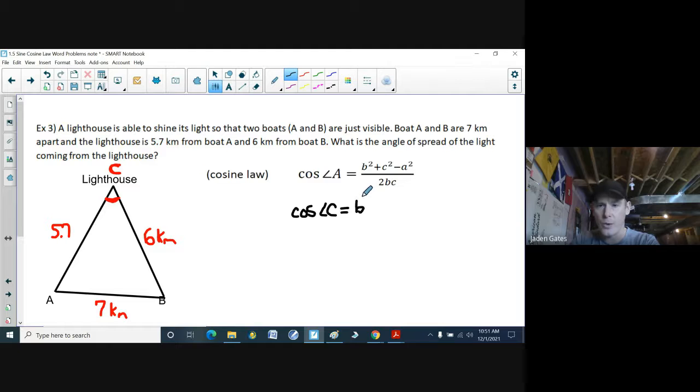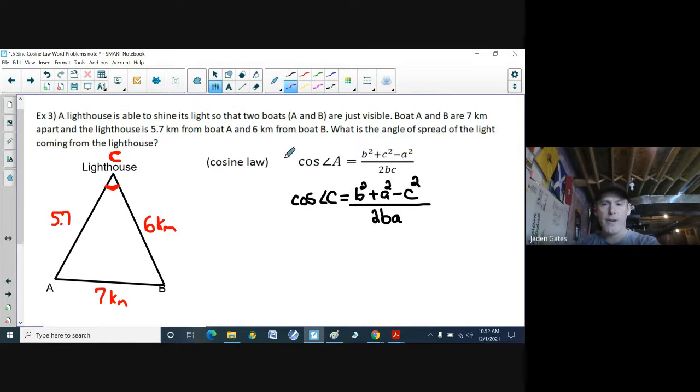So then I got a B squared. Instead of a plus C squared, I'm going to have a plus A squared. And instead of a minus A squared, I'm going to have a minus C squared. And then down the bottom here, I got 2BC, so it's going to be 2BA. Again, not touching B's, but switching A's and C's. All right, got my formula.